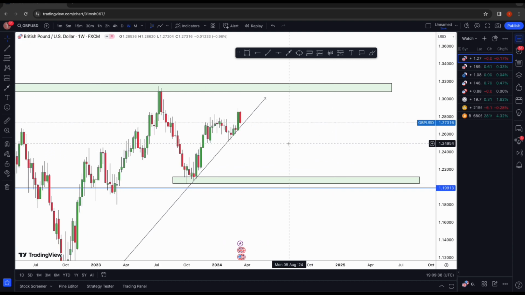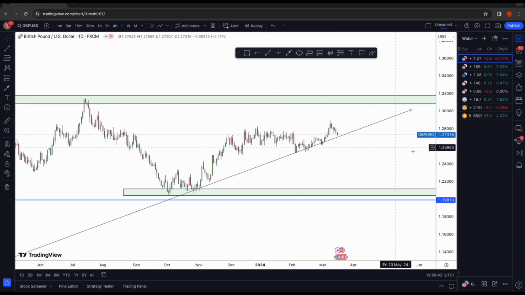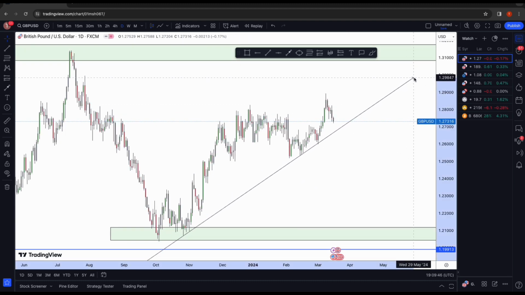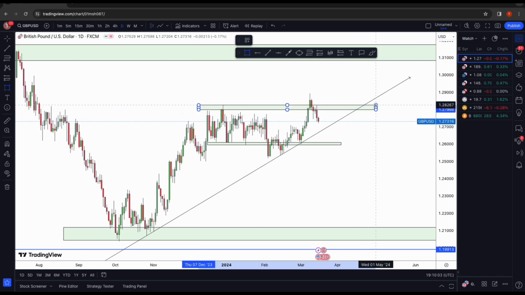The last couple of weeks, quite interesting. We broke out of this zone a little while ago, this accumulation zone that we've been in for quite a while.